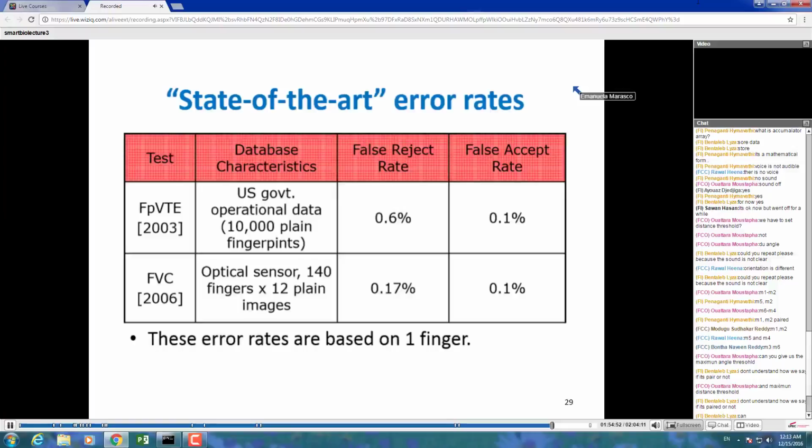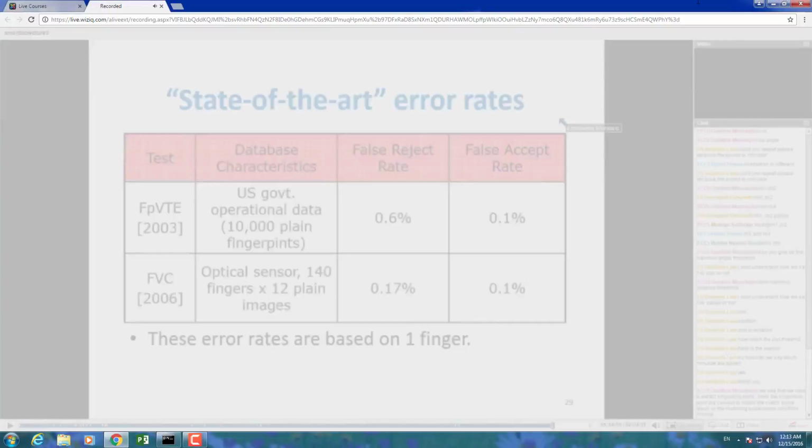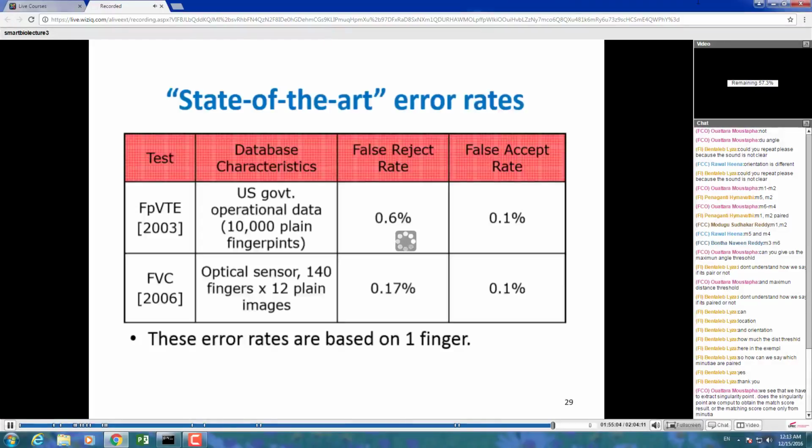So 0.1% false acceptance rate, the percentage of inputs that are wrongly accepted. And then we have the corresponding false rejection rate. So this is 0.6 in the case of US operational data, government operational data.